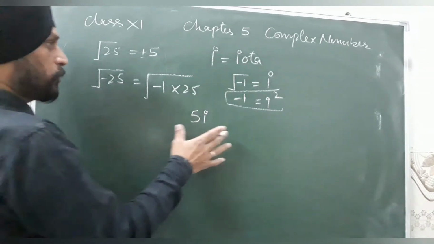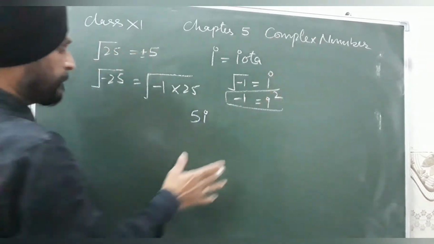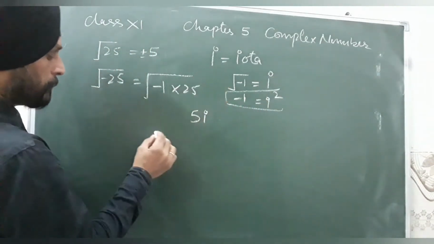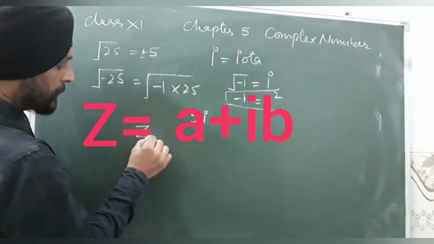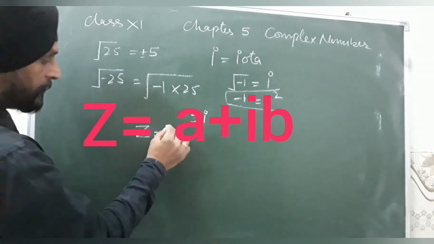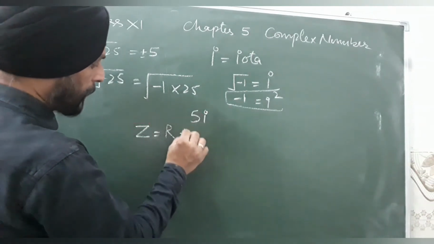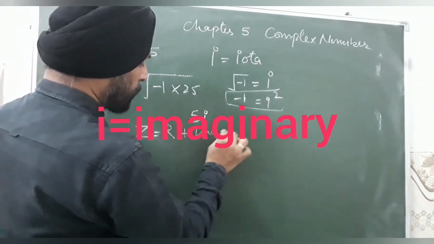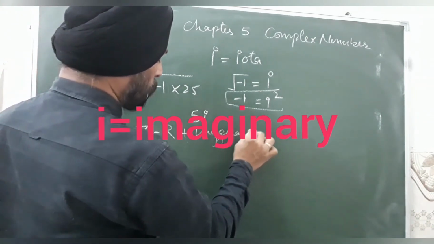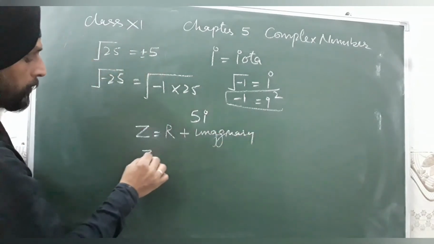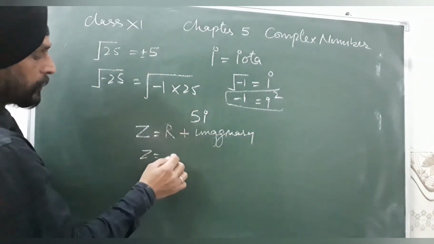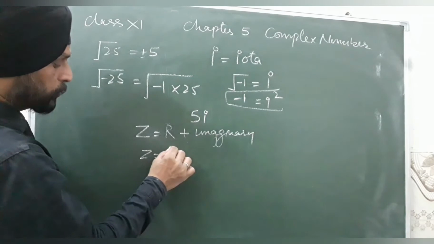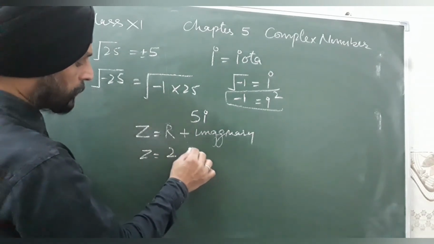Now once again student, what do we mean by the complex number? In this chapter, a complex number is denoted by z, in which one part is a real number and the other is an imaginary number. All the counting numbers are real. Suppose we have 2, this is a real number.